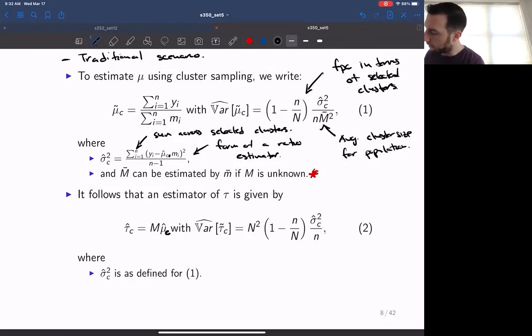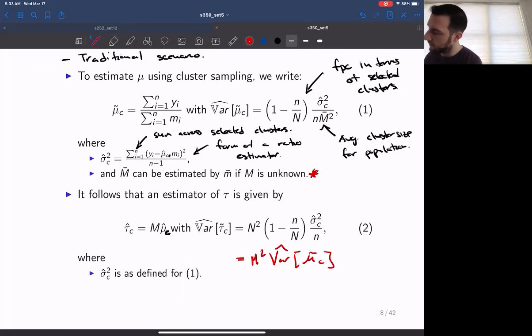This part here follows because you would have m squared multiplied by the variance of mu tilde c, so that is what we would expect to see.